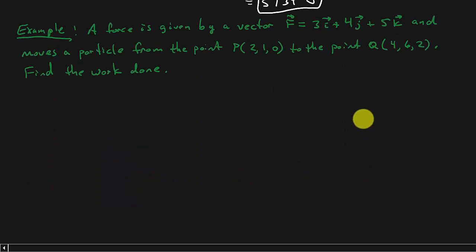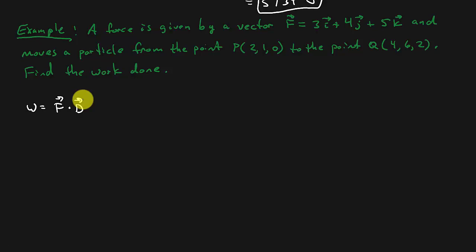So now let's look at this next one. It says a force is given by a vector F, and moves a particle from the point P to Q. Find the work done. We know that the work is the dot product of the force and the displacement.